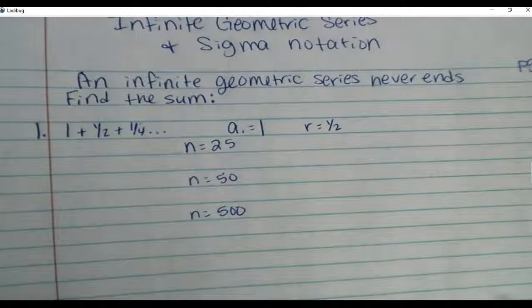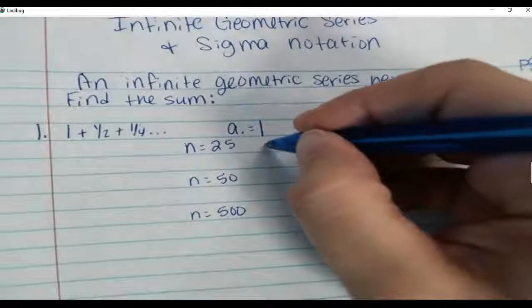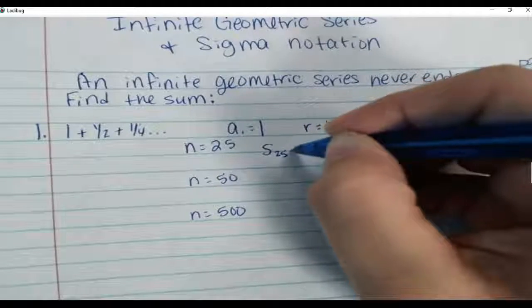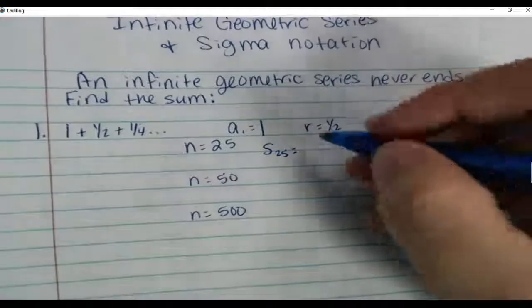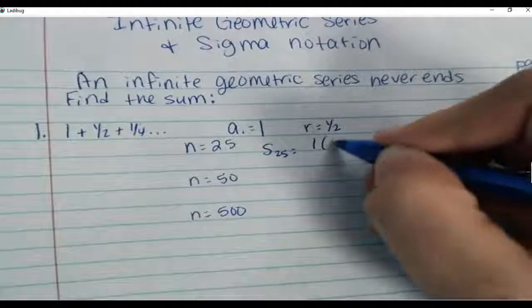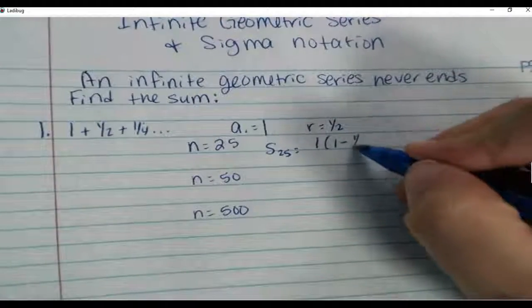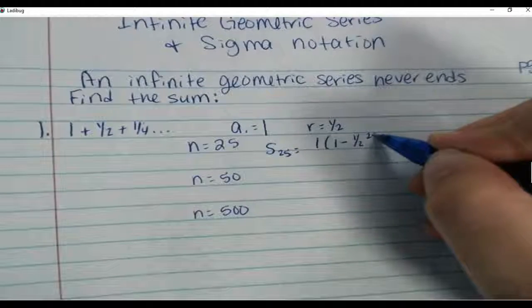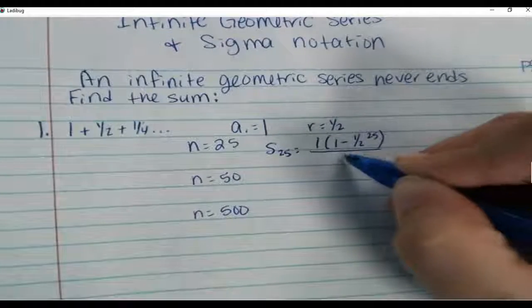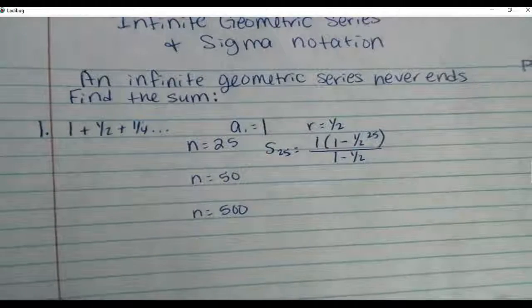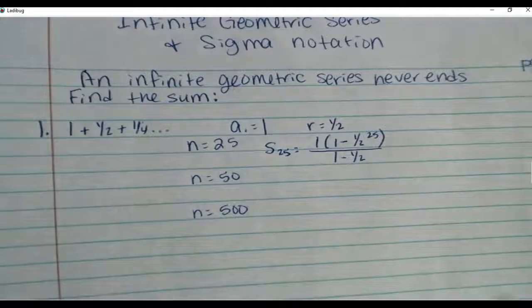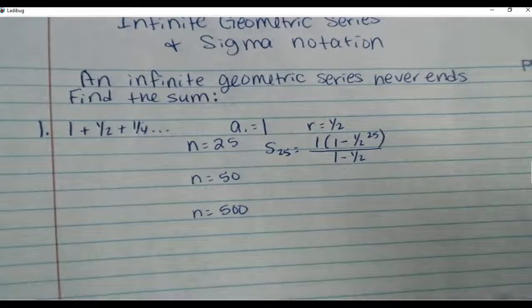So then for this first one, n equals 25, we want the sum of the first 25 terms. And our formula is a1, which is 1, times 1 minus r, which is 1/2, to the 25th, over 1 minus 1/2. Now when you're typing in the calculator, if you want to use 0.5 instead of 1/2, that's fine. It doesn't matter. It gives you the same answer either way.